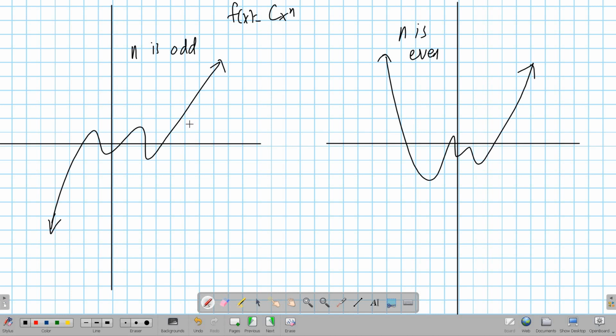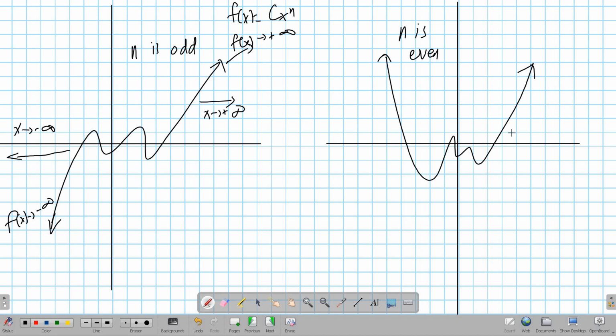So as you can see here, as x approaches positive infinity, the values increase without bounds, so f of x also approaches positive infinity. In this case, as x approaches negative infinity, their values tend to go down. f of x approaches negative infinity if n is odd.